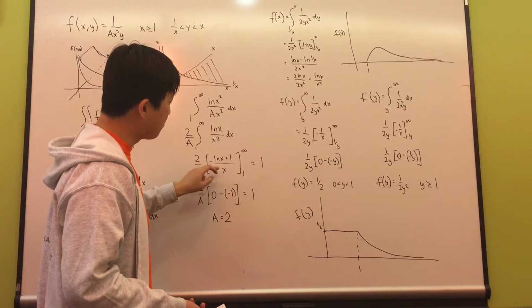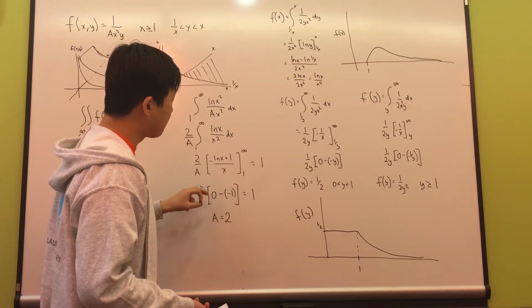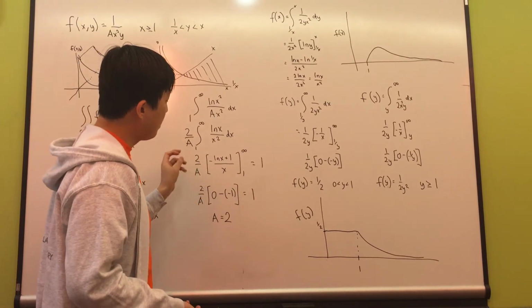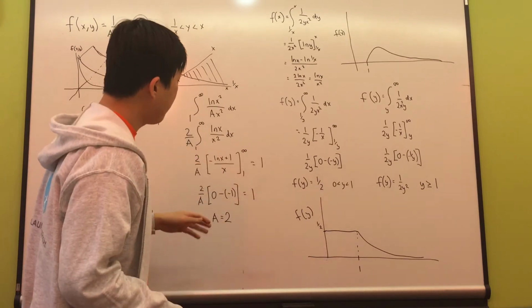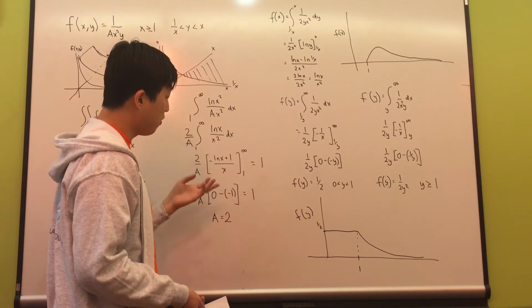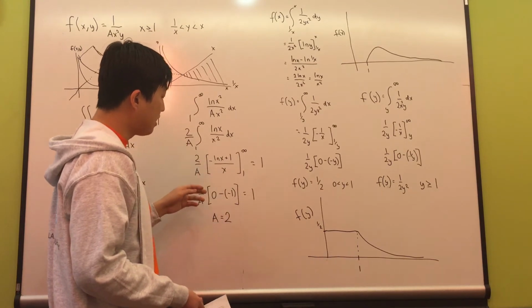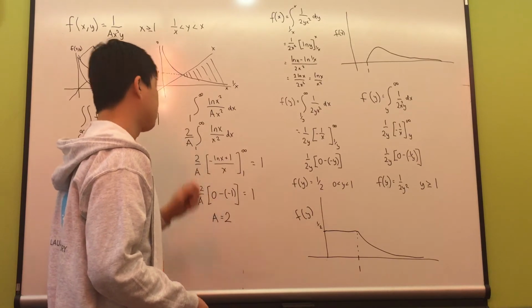The x dominates, and this value becomes 0. When x equals 1, ln of x is 0, so it's just 1 divided by 1, which is negative 1. But since we're subtracting, minus a negative 1 becomes a positive 1.